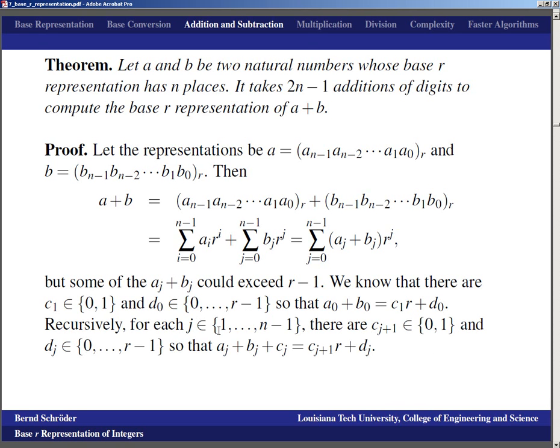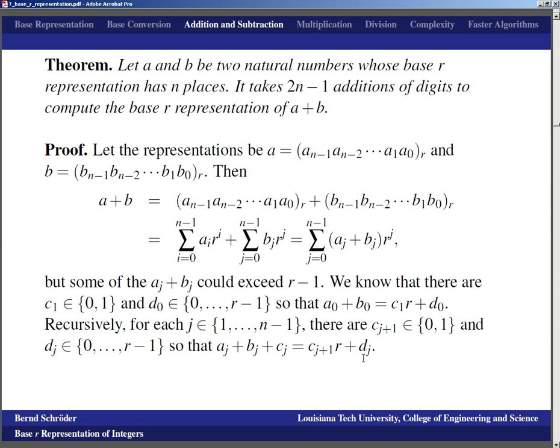For every j from 1 to n minus 1, we've got a carryover c_{j+1} that is either 0 or 1, and a d_j between 0 and r minus 1, so that a_j plus b_j plus c_j is c_{j+1} r plus d_j.